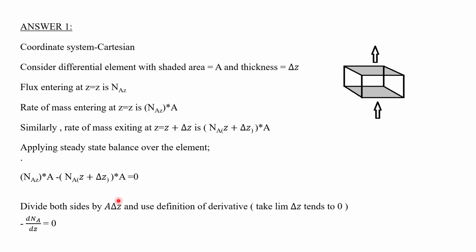Simplifying, we divide both sides by A delta Z and use the definition of the derivative, taking the limit delta Z tends to 0, which gives us this equation: minus dNA by dz equal to 0. For a binary mixture, we know NA will be JA plus XA times N. JA is the molecular flux, which is minus DAB dCA by dz, and N we can write for a binary mixture as NA plus NB.